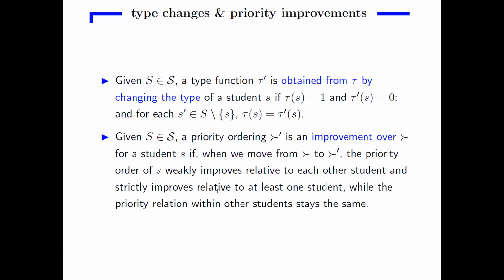Basically, in both cases, we pick one student, and we either convert his type into a majority or improve his priority ordering. His exam score goes up. But this happens only for a single student, keeping other students as they are.